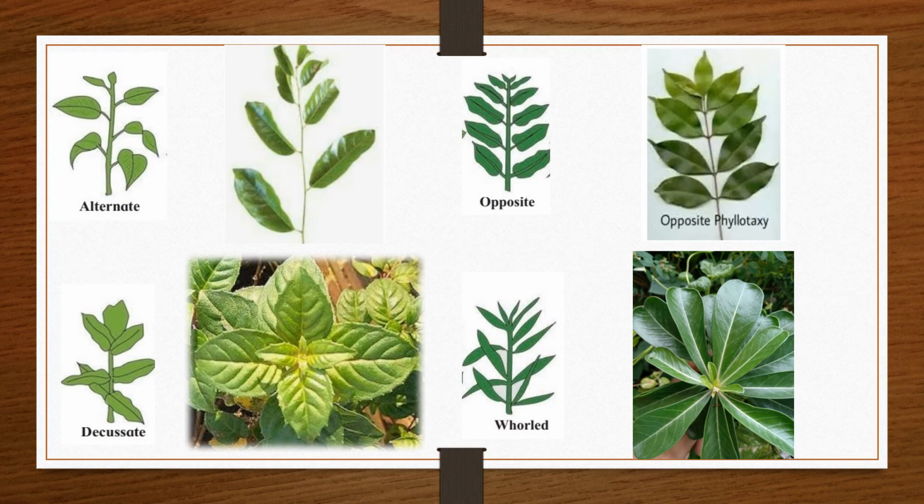For the first one, alternate, the example is hibiscus, then opposite, the example is jasmine, then decussate, the example is zinnia. Here we see a different plant, and the last one, whorled, the example is adenium. Okay students.